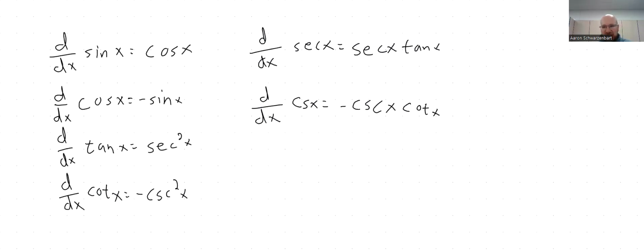So the first one I'm going to prove is sine, and to do that, we're going to use the limit definition here. So limit as h approaches 0 of sine of x plus h.